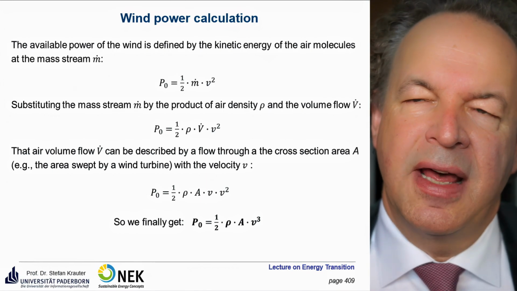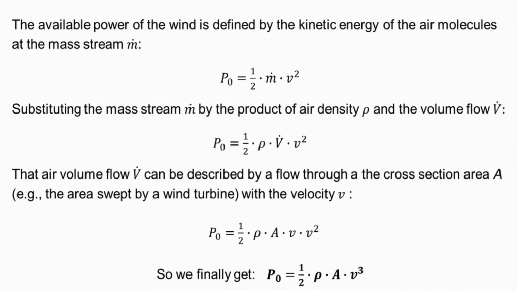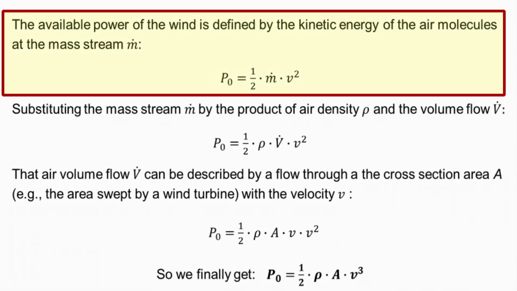Let's calculate the actual power that is contained in the wind. So we have a very basic formula of mechanics. First, energy is half the mass times velocity squared. And if we go to power, then we have the derivative of mass with respect to time, m dot, times v squared.